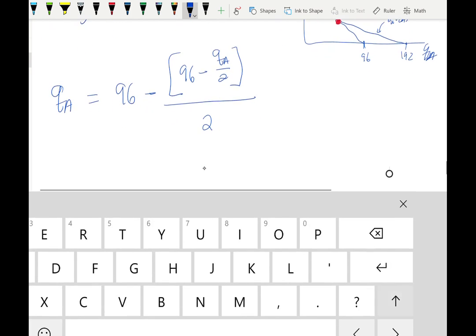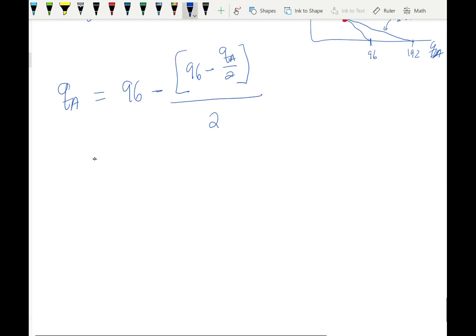So this would be equal to 96 minus, let's bring out this half, 1 over 2 times 96 minus QA over 2.